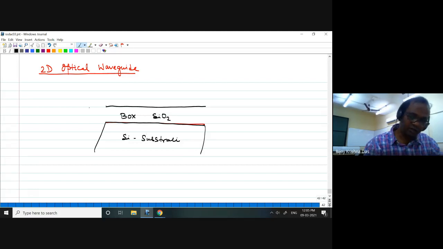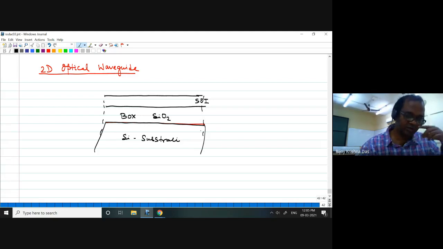And then you have a thin layer of silicon, so-called SOI, silicon on insulator. This is the wafer we get. You can think of this as the lateral section you are considering: a wafer with three layers. The substrate you can get commercially is normally 500 to 700 micrometers thick, and the BOX layer from 2 to 3 micrometers.